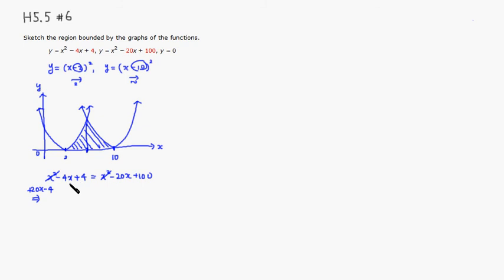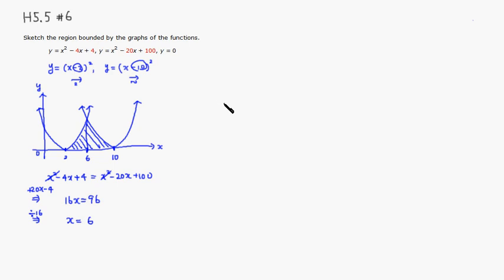So 20x minus 4x is 16x, is equal to 100 minus 4, which is 96. Then we divide through by 16, so x equals 96 divided by 16, which is 6. So 6 is the x value there.